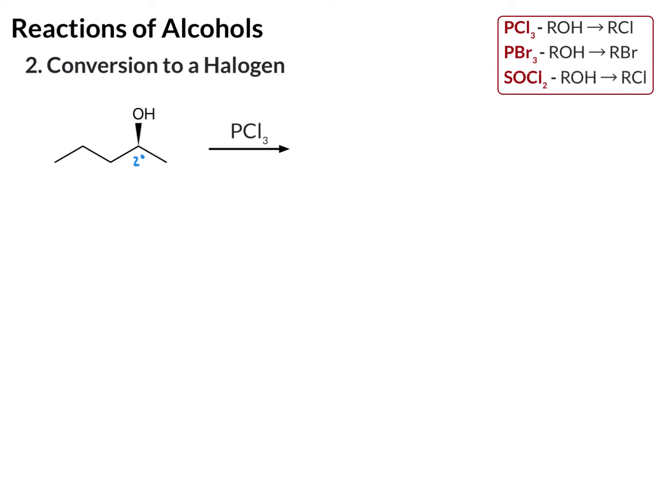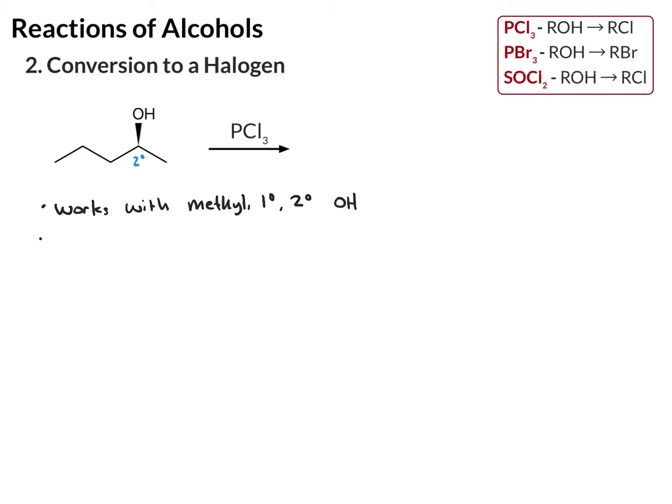So a couple of key features with this reaction. It works with methyl, primary, and secondary alcohols, not tertiary. The mechanism by which this takes place, which we'll look at, is SN2, so tertiaries will not work here.